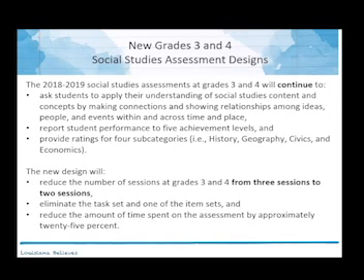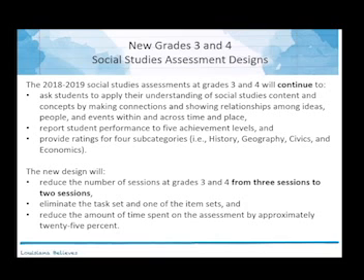So for grades 3 and 4, students are still going to need to apply their understandings of social studies and make connections. They're also going to get a report on the 5 achievement levels: advanced, mastery, basic, approaching basic, unsatisfactory. And they're still going to be provided ratings on the 4 subcategories: strong, moderate, weak.